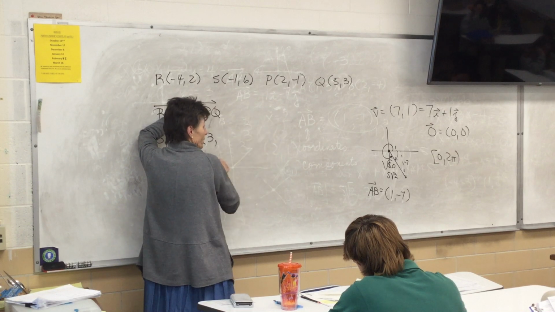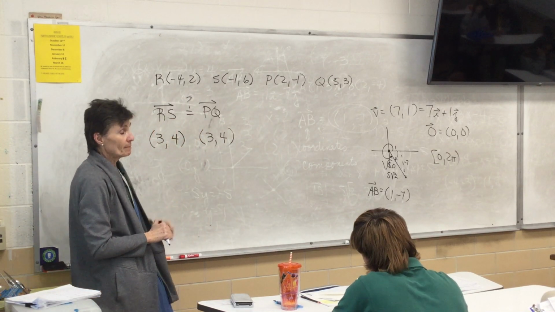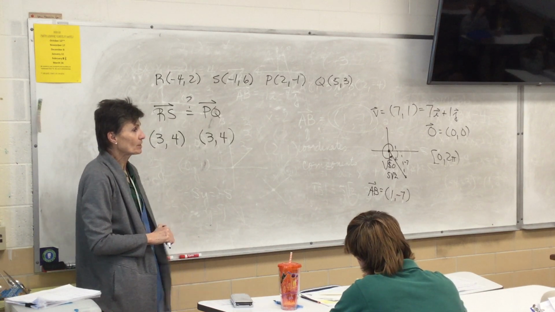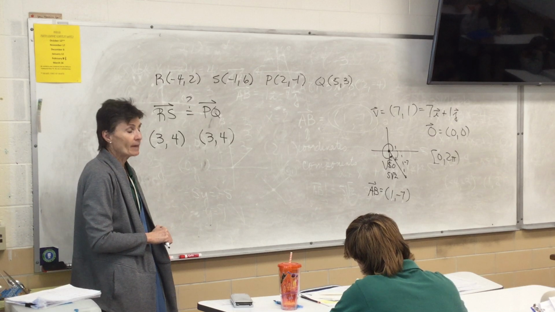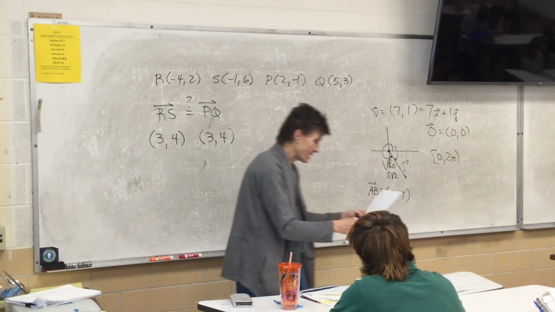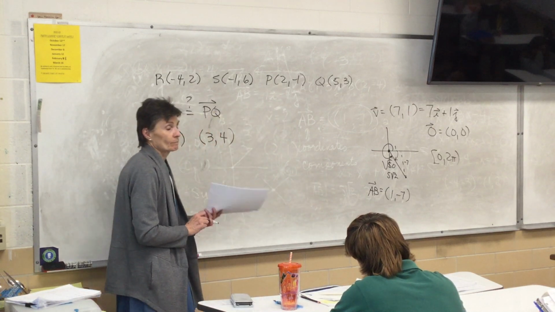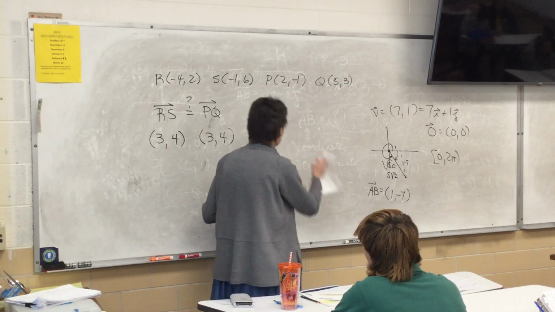And from -1 to 3. Are they equivalent? Yes, because they have exactly the same direction and exactly the same magnitude. That means they are equivalent vectors. If they hadn't matched, then the answer would be no. Easy enough? Yep, that's all you have to do.